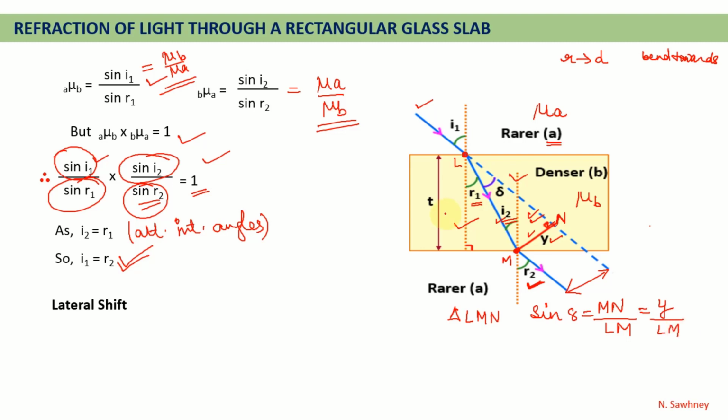Now see in this triangle, let this be L dash. In triangle L, L dash and M, let us find cos r1. It will be base LL dash upon hypotenuse, that is LM in the figure. LL dash can be written as t, that is the width of the parallel slab, upon hypotenuse, that is LM.